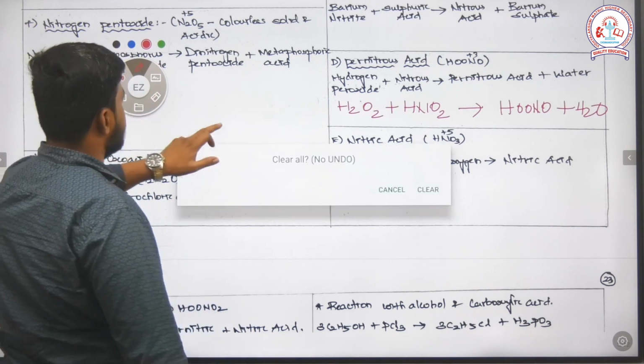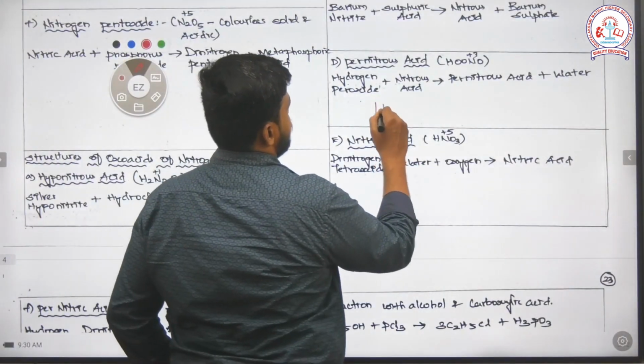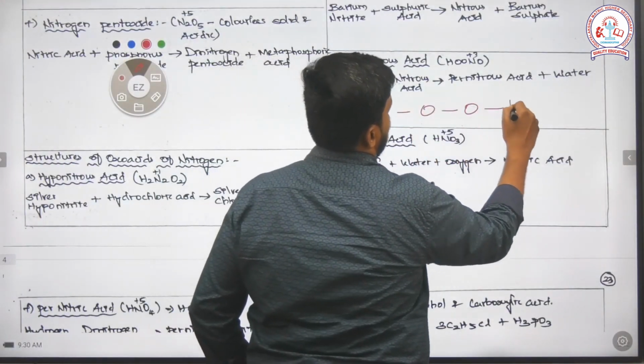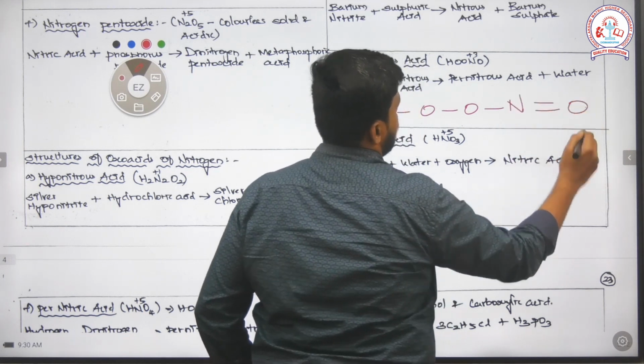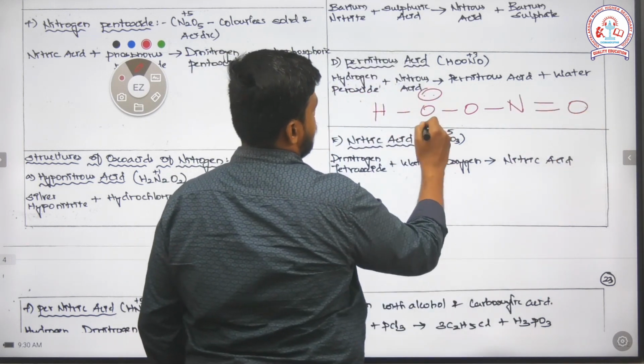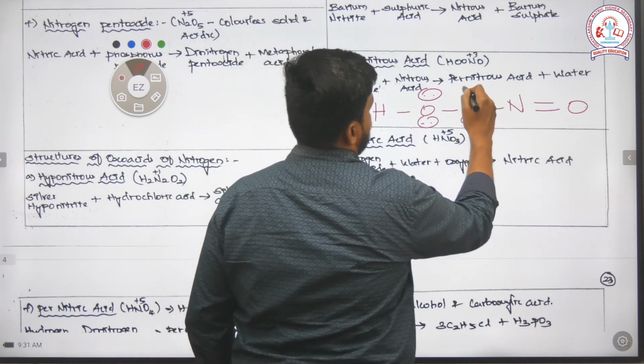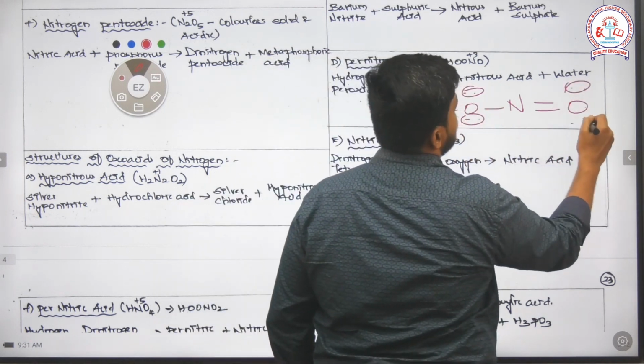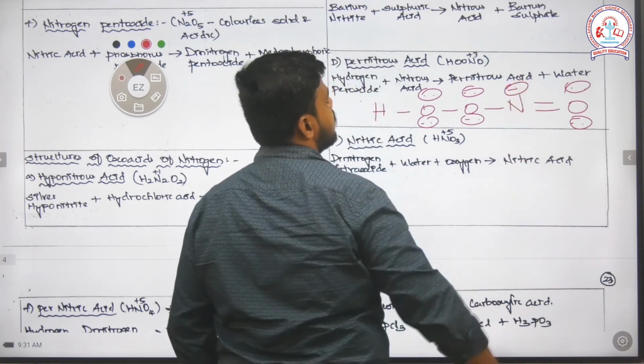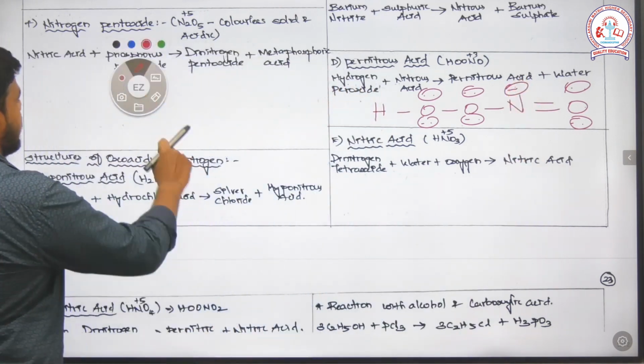The equation is balanced. The structure is HOON double bond O, with lone pairs placed on the atoms. So this is the structure of pernitrous acid.